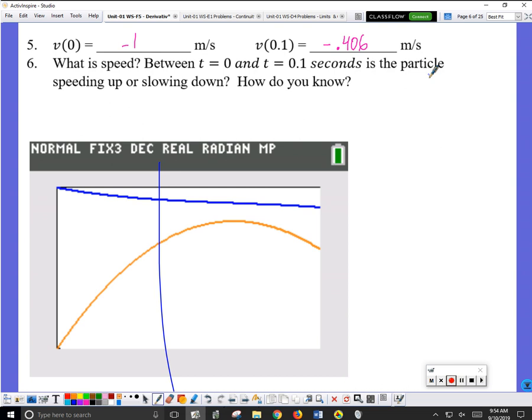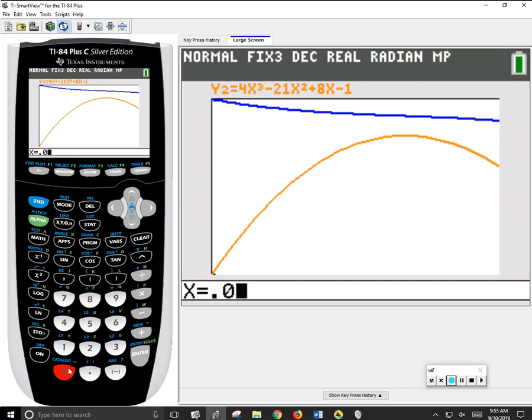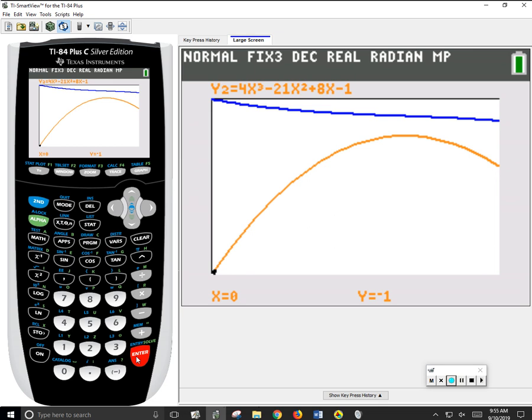So we look at the velocity, and we notice that here the velocity is very negative. In fact, I think it's -1. You go back to the graph, go trace, get on velocity, 0.0. So the velocity starts at -1. Just say it out loud, please. What's the speed? Say it.